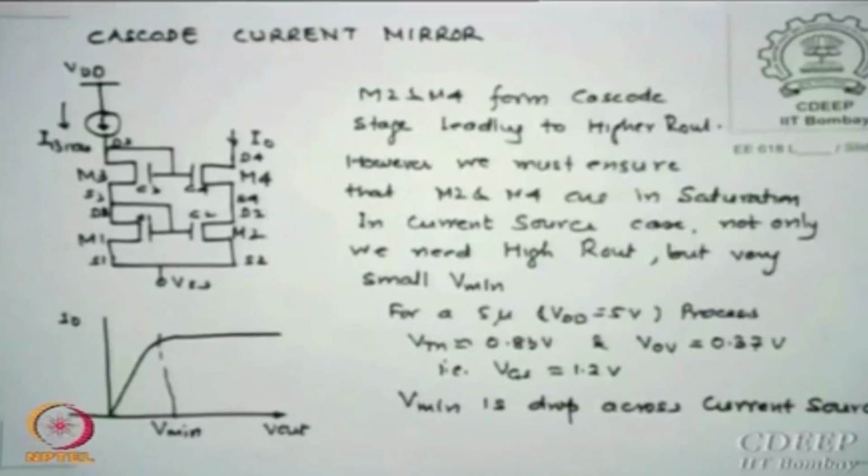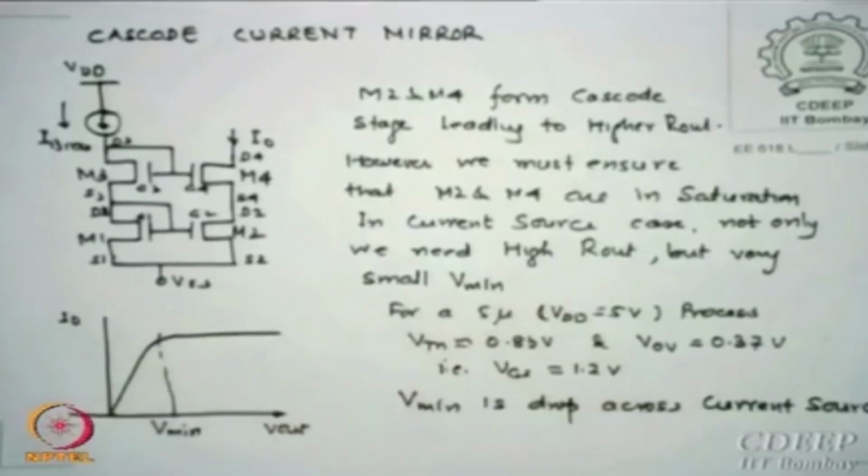Please remember the over voltage is VGS minus VT, so if VT is 0.83 and this is 0.37, VGS has to be 1.2 volt. Now we want to figure out the minimum drop across the current source for this data. Since we are going to calculate, I thought I should put in the numbers.